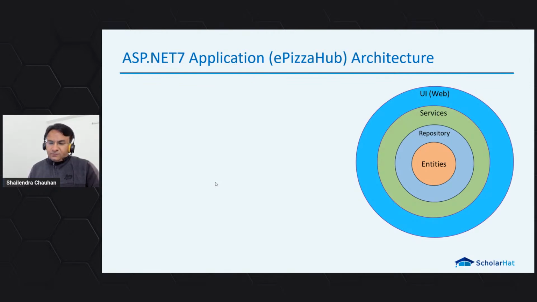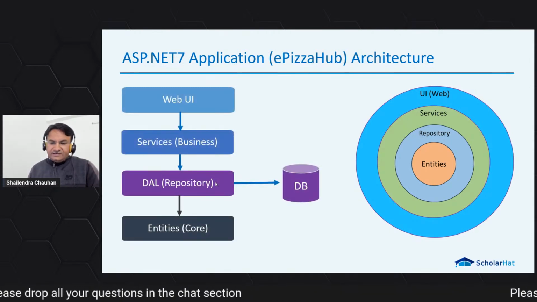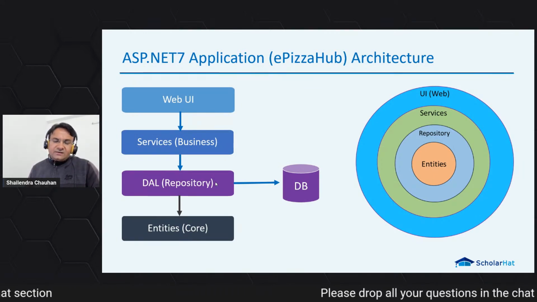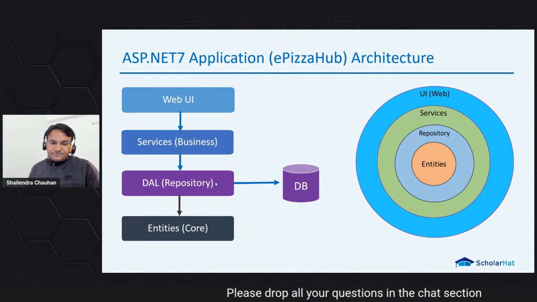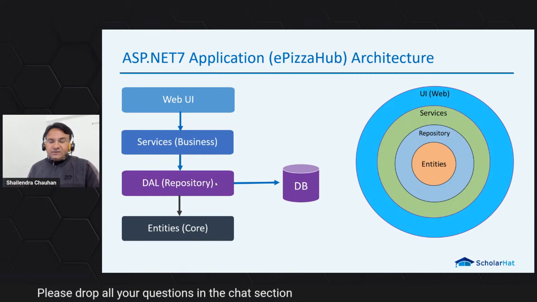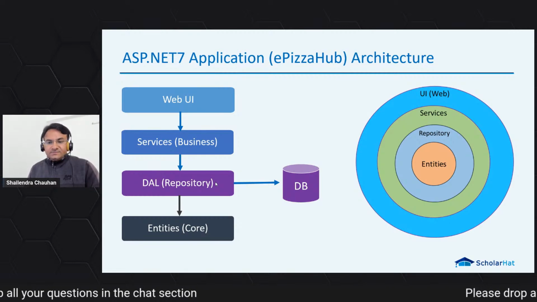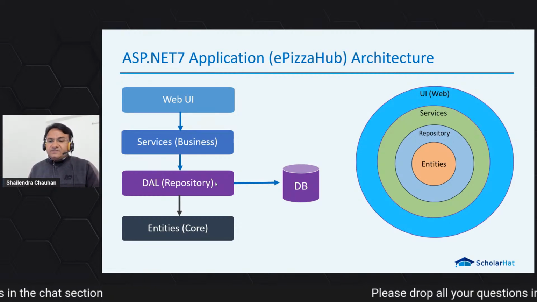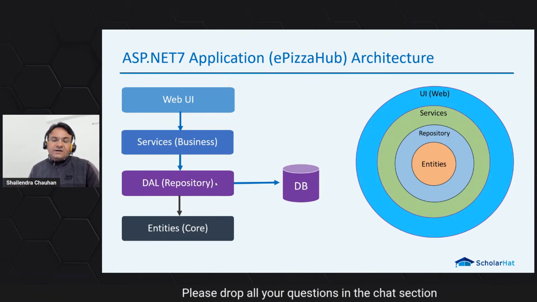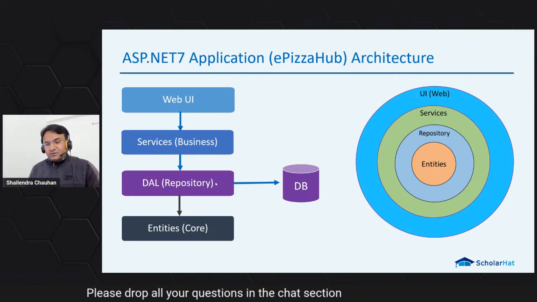At the center we have the entities, where we do the mapping with the database tables. On top of the entities, we added the repository where we write the data access logic. Then we have the services where we write the business logic. Then we have the UI layer where we write the presentation logic.